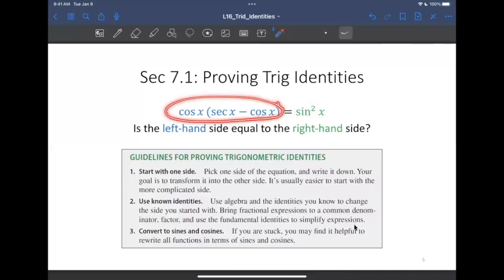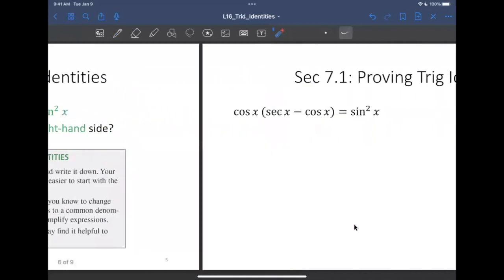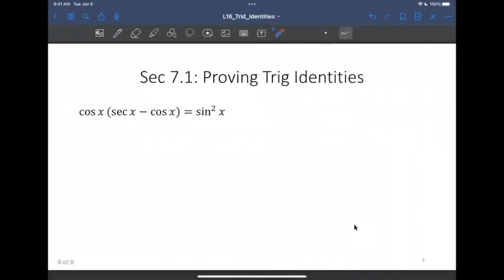And then we hope to eventually get this equal to this, which would then prove that this identity is true. I think you'll understand more what I mean once we do an example. But we always pick the more complicated side, simplify it, and then check to see if it did actually equal the right-hand side.